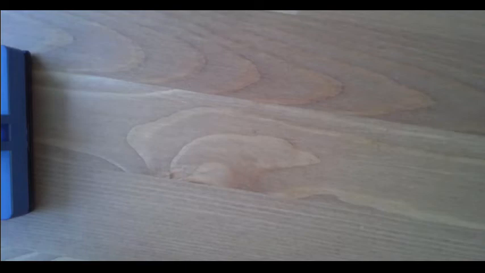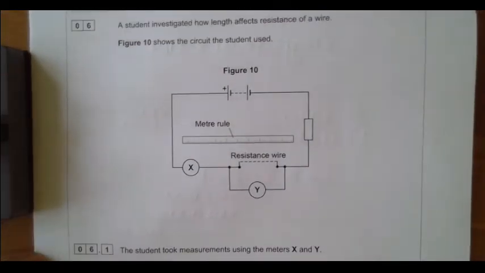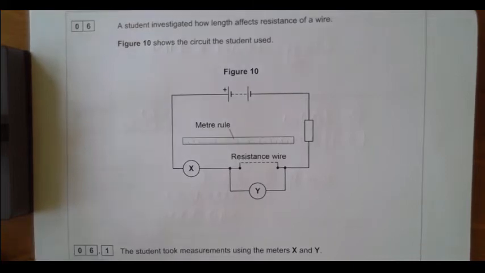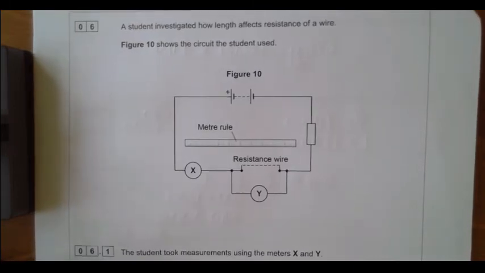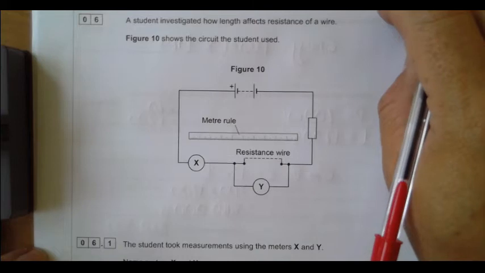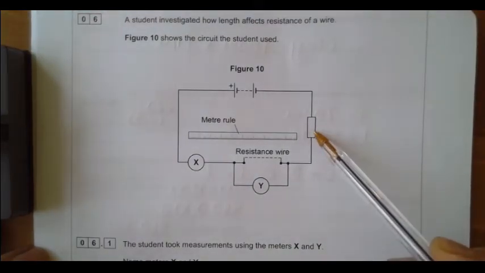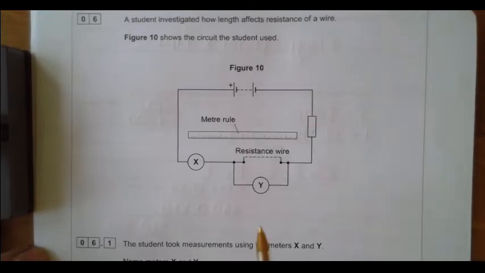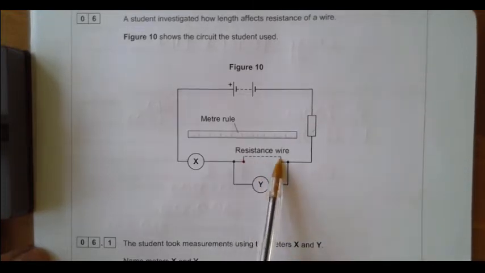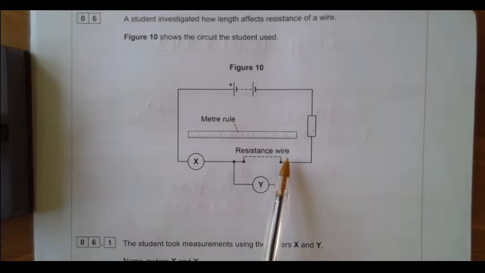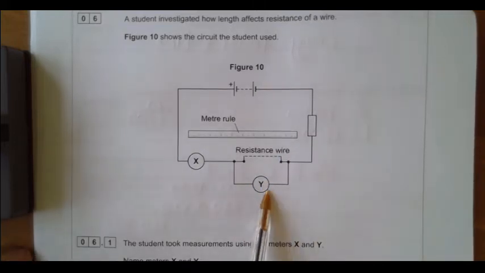So a student investigates the length of resistance, so how length affects the resistance of a wire. Figure 10 shows the circuit the student used. So we have a fixed resistor to make sure the current doesn't get too high in the circuit. We have the wire which we're testing the resistance of and changing the length. We have a meter Y which is connected in parallel to the wire.